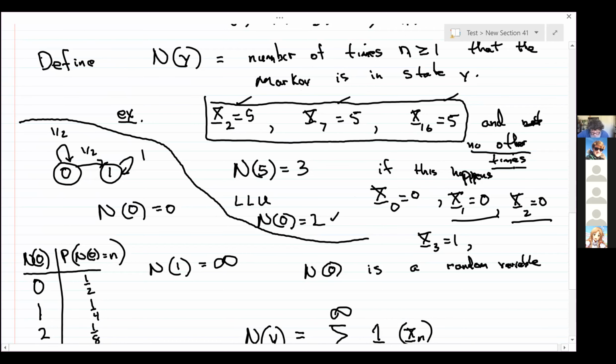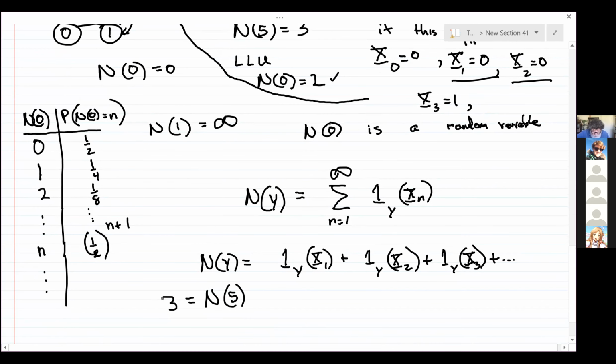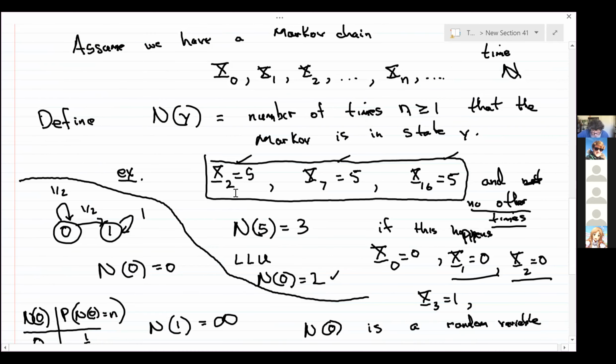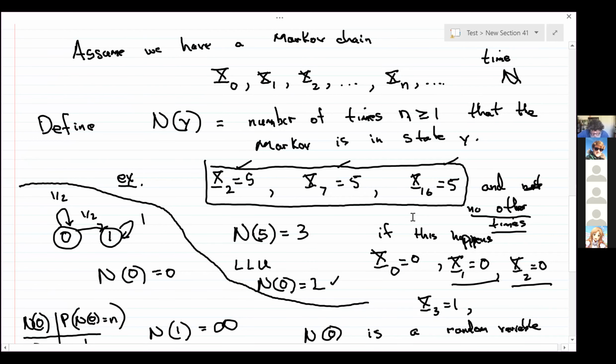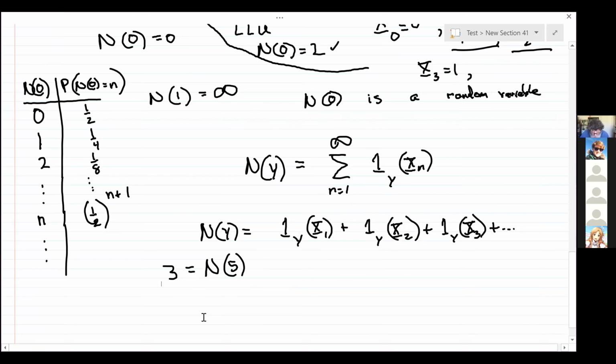Okay, so let's verify that this equation is correct. The number of times that you're at state 5 would just be 3, right? Because the positive times that you were at 5 were 2, 7, and 16. Okay, so we know what this thing is. Now, what would this give us? The state that we're at is 5.